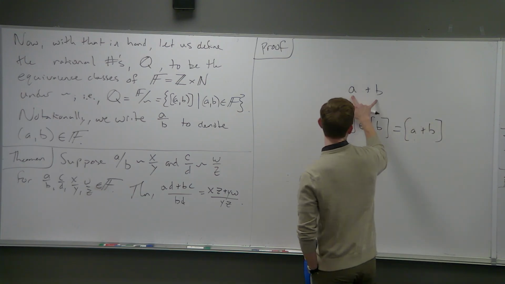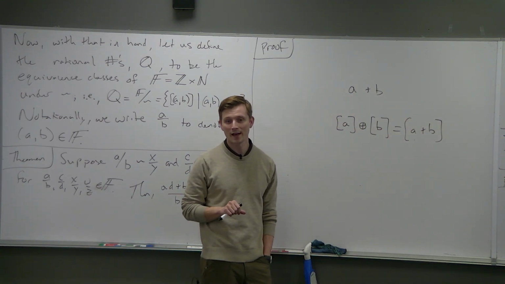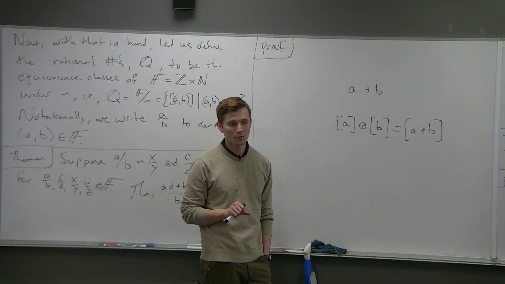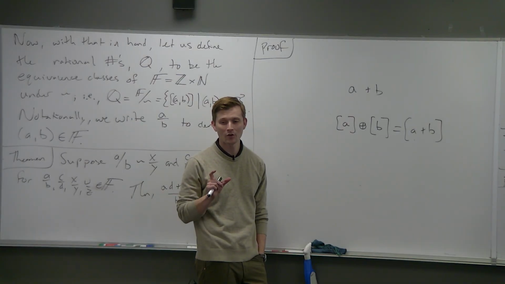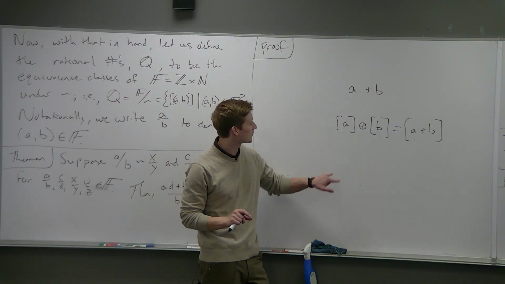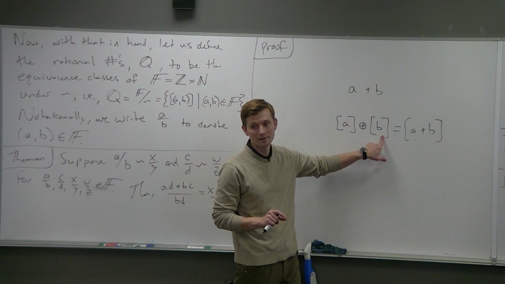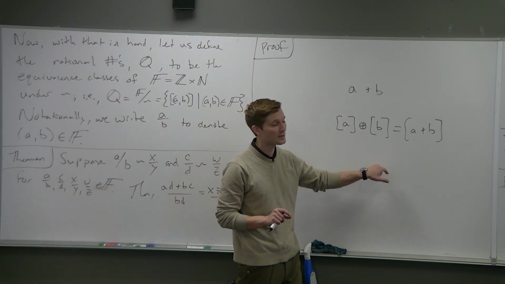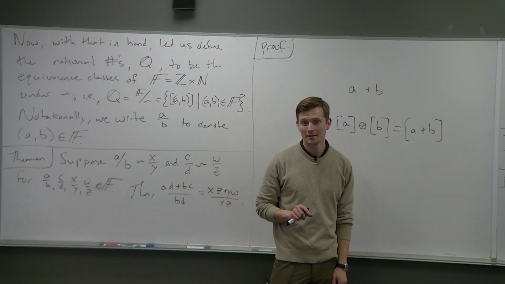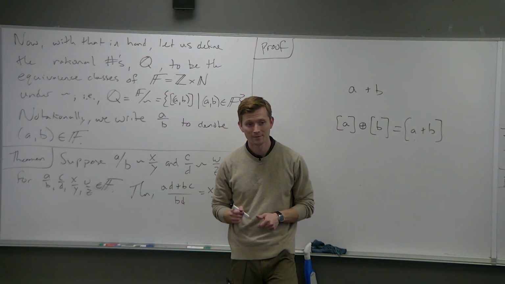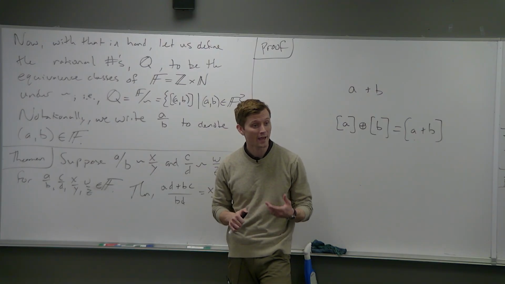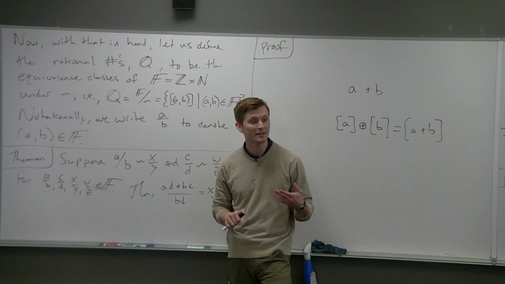If you have a way of putting things together in your original set, can you put things together in your set of equivalence classes by just selecting from each equivalence class a single element, putting them together in the original set, and then taking its equivalence class? What we're saying here is that for the rationals, yes, indeed you can.